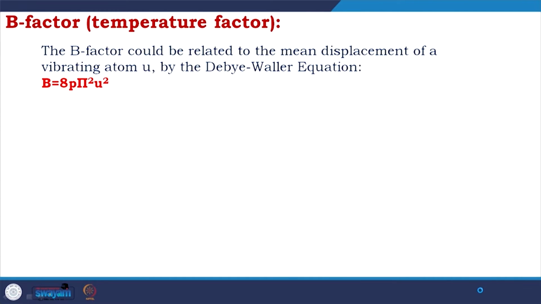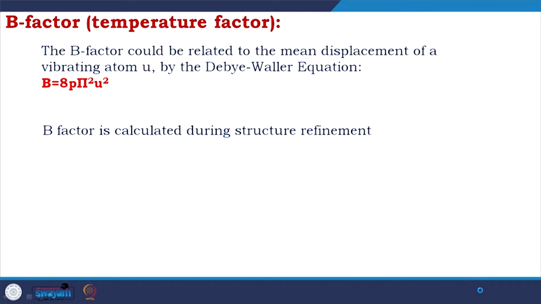The B factor could be related to the mean displacement of a vibrating atom U by the Debye-Waller equation, which is B equal to 8 pi square U square. B factor is calculated during structure refinement, and describes local effect in electron density.